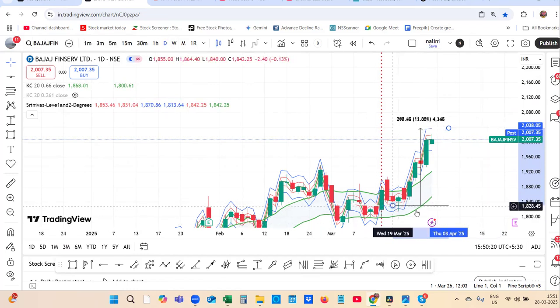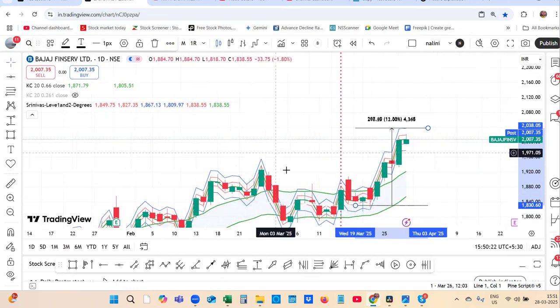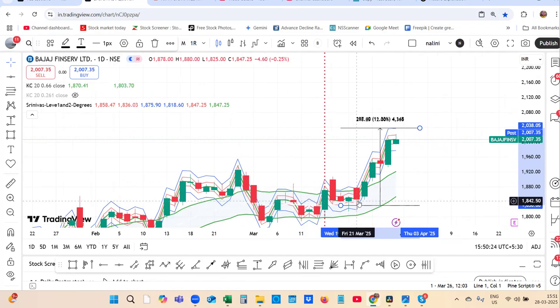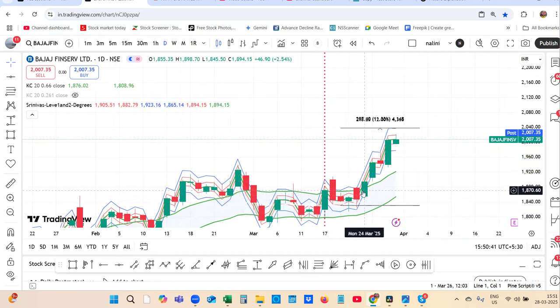If you would have entered here, based on the calculation that I have made as a change of character, 3 days lower closes, and the current day close is above all the 3 days close. That was the condition.